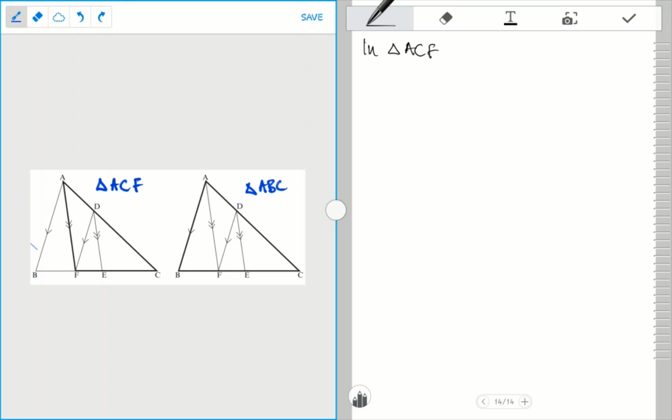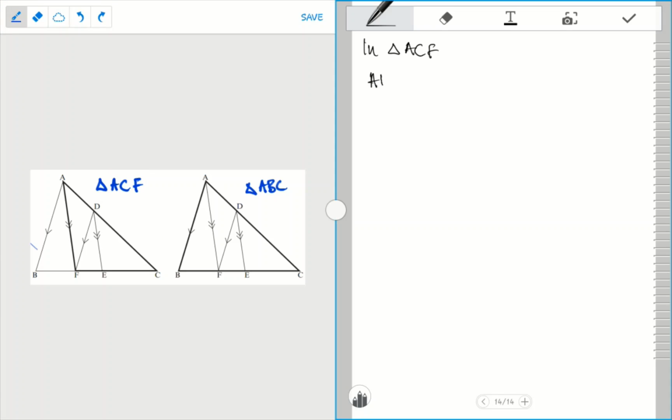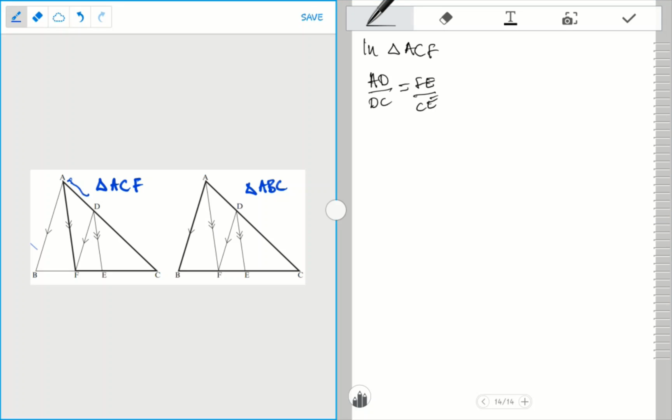Then now we're saying AD over DC is equal to FE over EC. This AD over DC is equal to FE over EC.